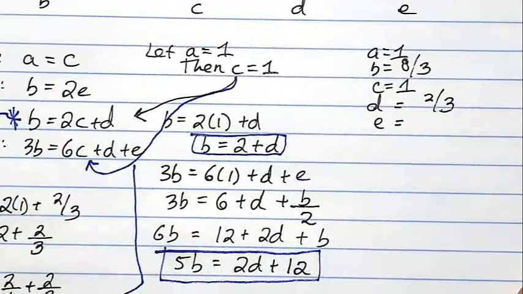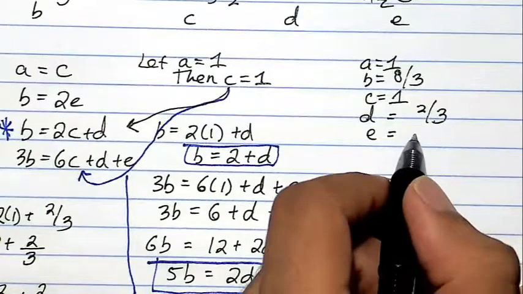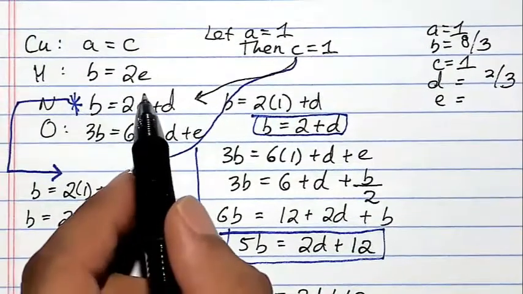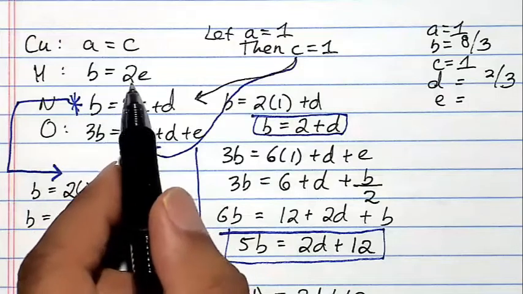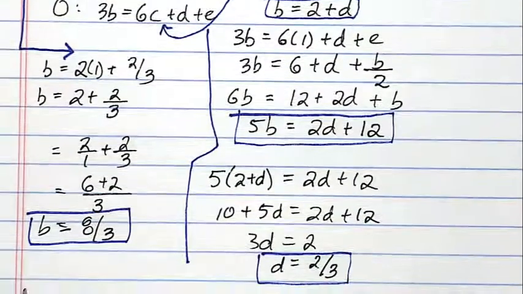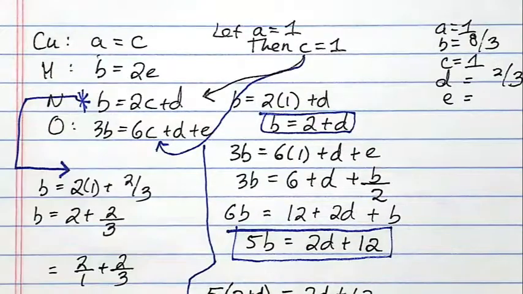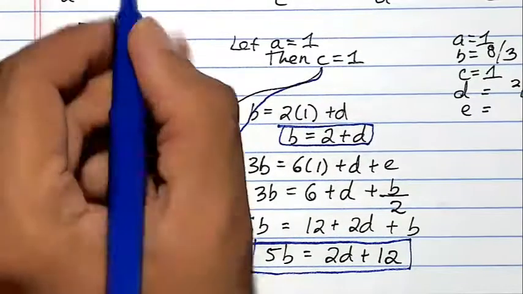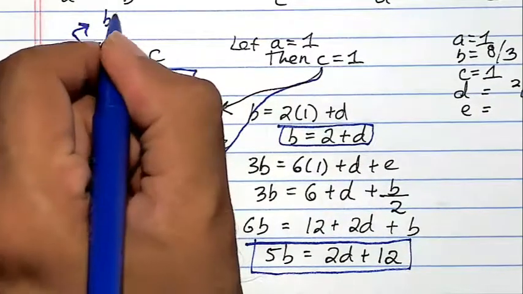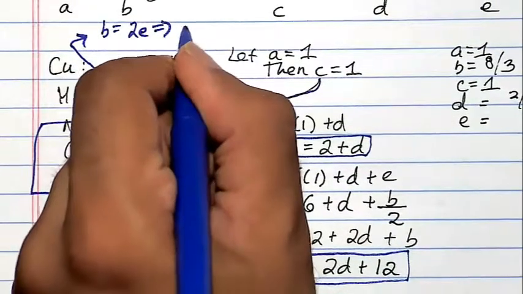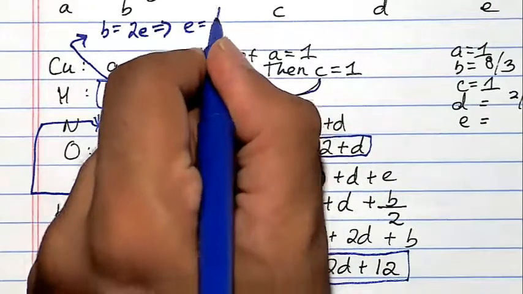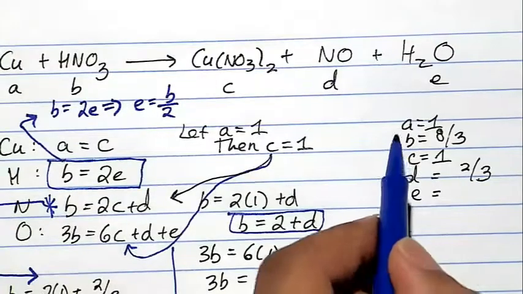And the only thing that's left is E. So E is nothing more than B over 2, or B is equal to 2 times E. All right, so using this equation here, okay, if B is equal to 2E, this implies E is equal to B over 2. All right, we already figured out what B is.